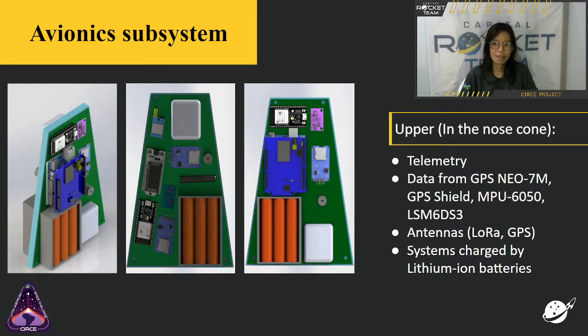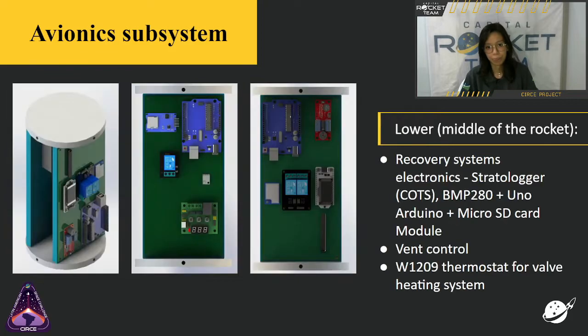We have also antennas for communication and a lot of batteries. The second part of the avionics subsystem is the middle of the rocket, which is composed of the recovery system electronics, a Stratologger, which is an altimeter, a BMP, and an Arduino. We also have the vent control system, and the thermostat for the valve heating system.